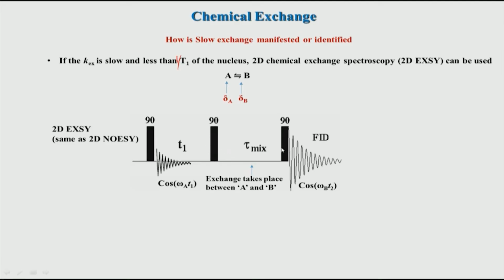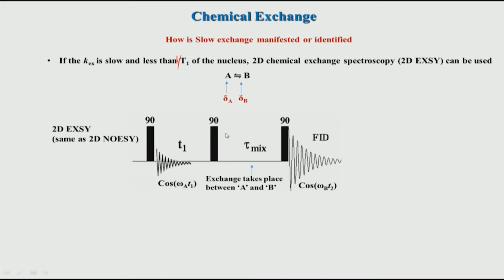During the mixing time, this period, the state A will exchange to state B, because this is an equilibrium process. So, I will have some of them getting converted to B, again coming back to A, and so on and so forth. This is not a one way reaction process, it is two way.